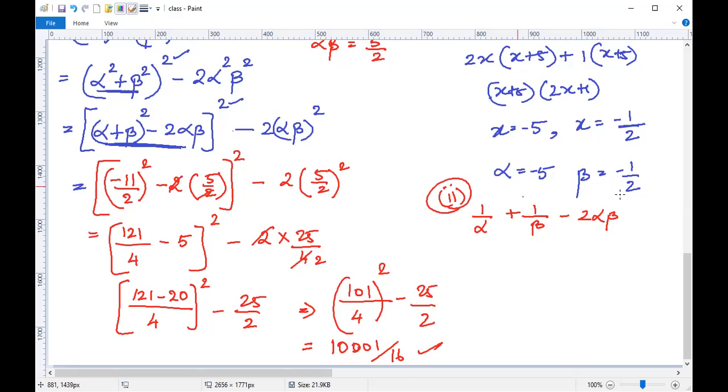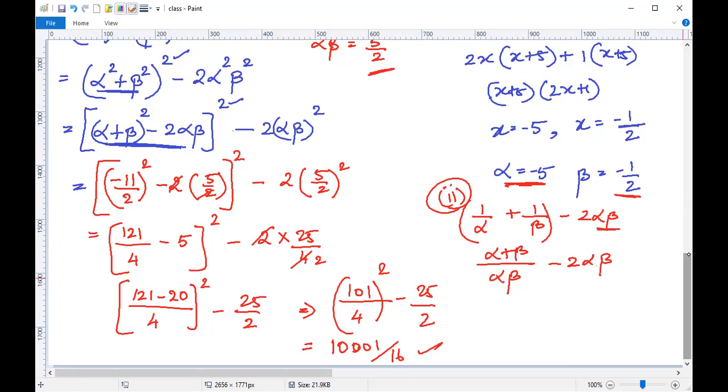For the second subdivision, you can straight away substitute what alpha and beta are and get the answer. Otherwise, simplify these two, because alpha beta is already a known thing. Alpha beta is 5 by 2, so you will be using that. If in case simplification by splitting the middle term is not possible, go for this method: it is the LCM as alpha beta, and on top alpha plus beta whole squared minus 2 alpha beta. So you substitute all these values of alpha plus beta and alpha beta and find your answer.